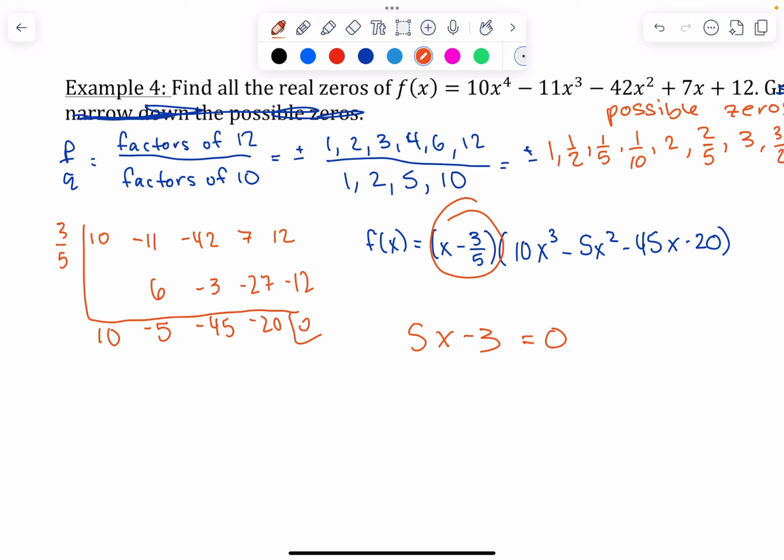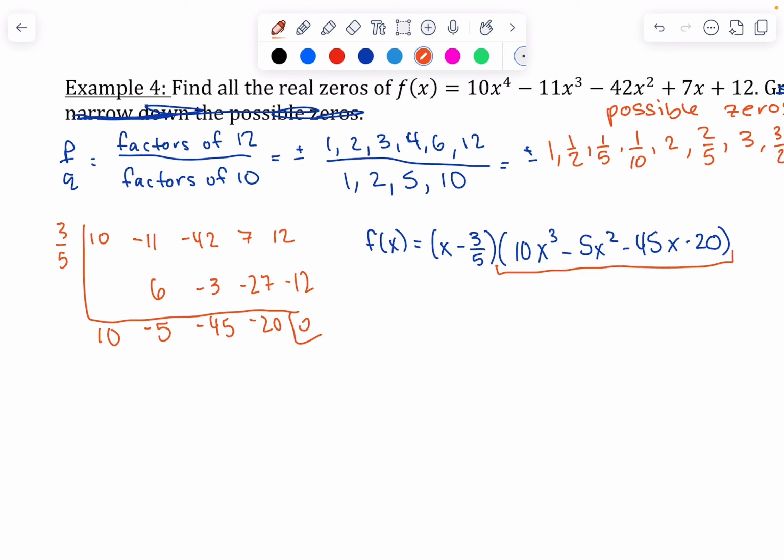Both are correct because, or sorry, plus 3? No, minus 3. Because both of these equations would give you a zero of 3 fifths, would give you a solution of 3 fifths. So you could write it either way, just to address that.